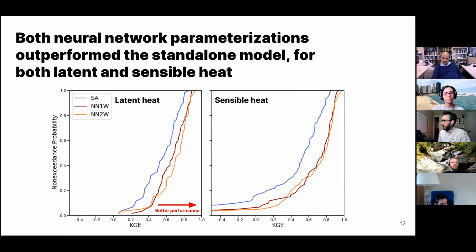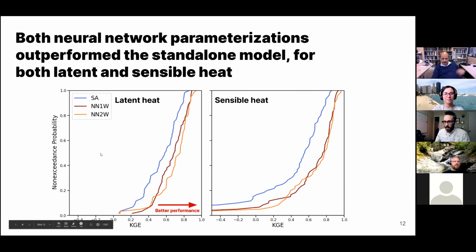There are probably about 10 sites where the NN configurations do worse. And this appears to be, at least to some level, an artifact of predicting the bulk heat fluxes, particularly during the winter. I think because it doesn't learn the vegetation cycle quite correctly, there are some cases where we get worse performance during winters. But overall, they tend to be correlated.